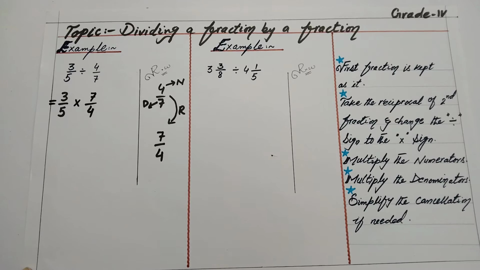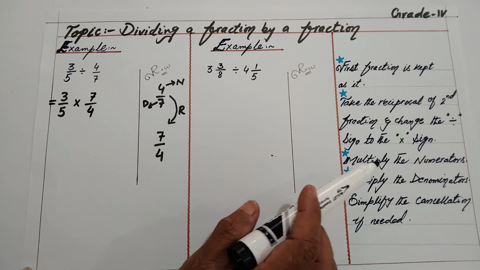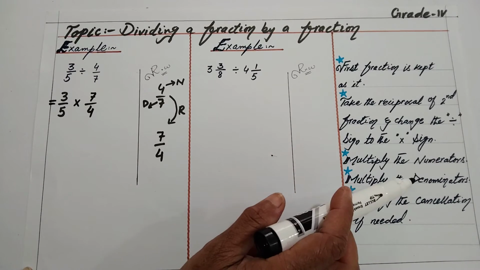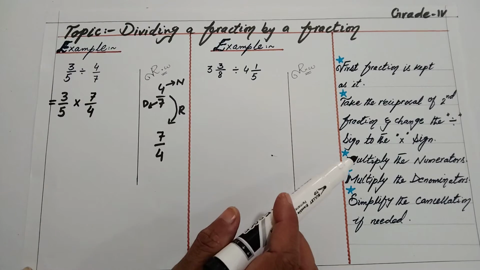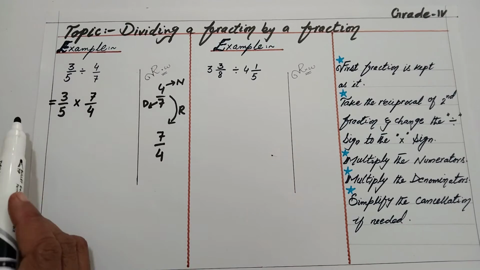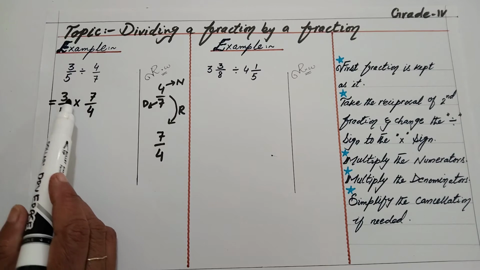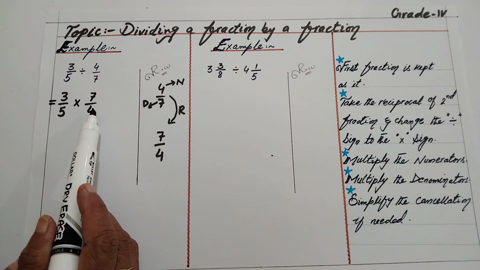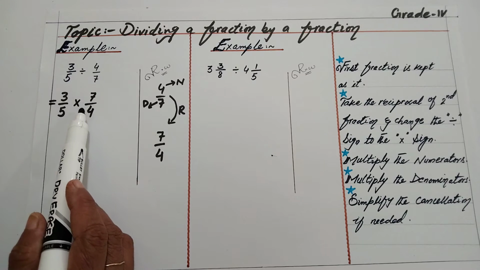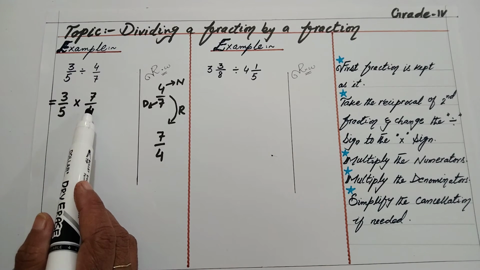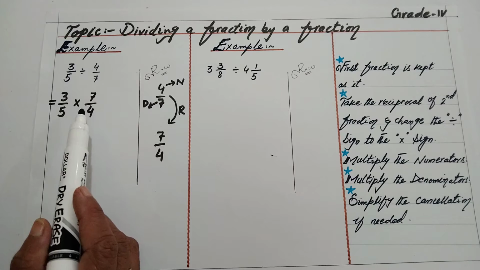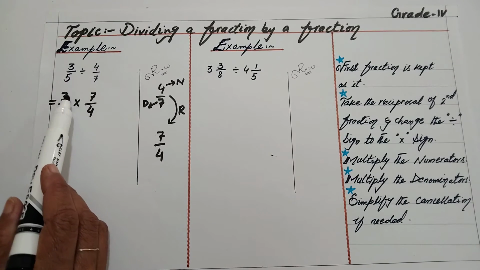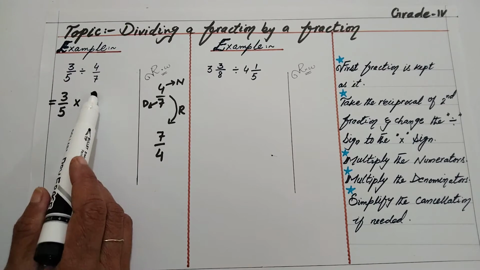Clear? The next step is to multiply the numerators and multiply the denominators. But before this step, you can check whether there is any possibility of a common factor, so you can cancel out the numerator or denominator by the highest common factor to make the multiplication easier. Here, as you can see, there is no common factor for 3 or 4 or 5 or 7.